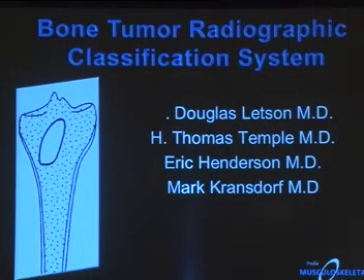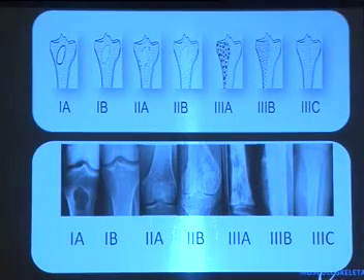And so we've got our own bone tumor radiologic classification system, which makes it a little bit easier and actually subdivides between benign and malignancy much nicer. We've divided it into 3 different major categories with 2 subdivisions of each one.